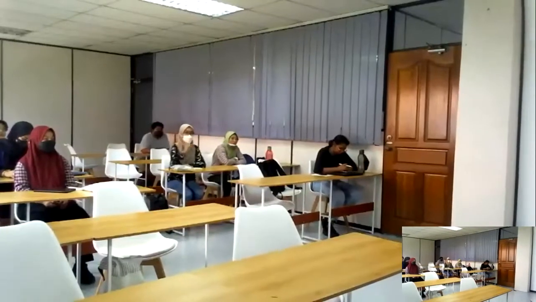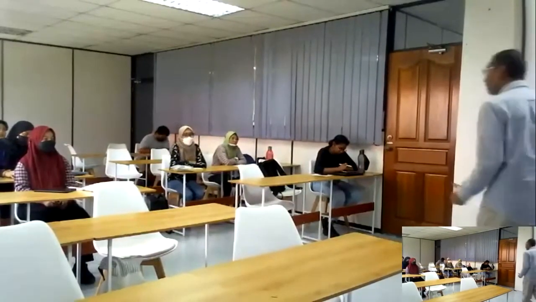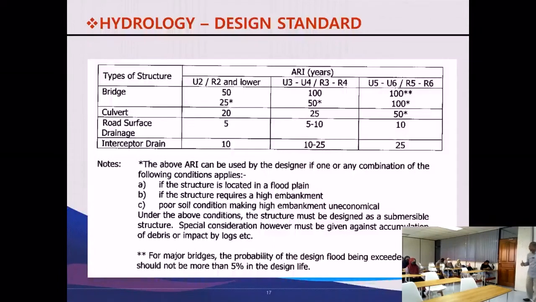So in construction, in our road project, this is the kind of what we call ARI, or average recurrent interval, we use when we provide road hydraulic structure. We're talking about, okay, bridge. First is bridge, okay, jambatan. Definitely, if you have a road project, you will have some kind of jambatan.